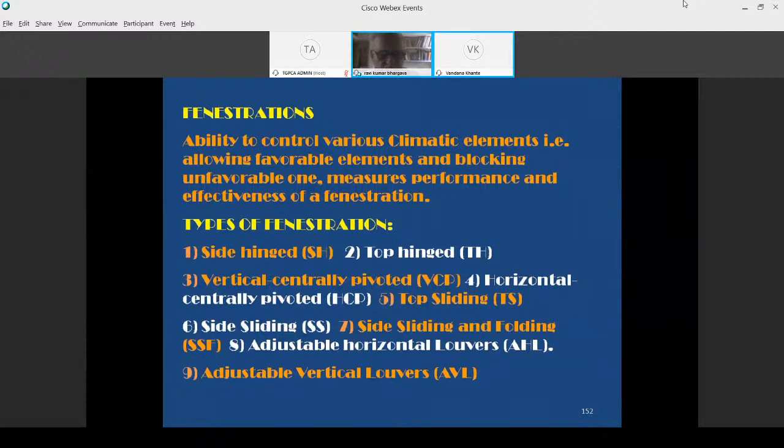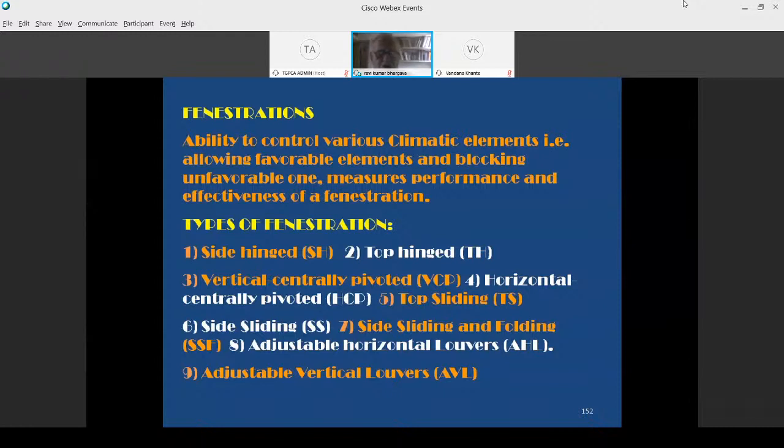Okay, friends, as we discussed, the ability to control various climatic elements, that is, allowing favorable elements and blocking unfavorable ones, measures the performance and effectiveness of a fenestration opening or window. Normally these are the types of window which we can go for: side hinge or normal sash window, or side hung.